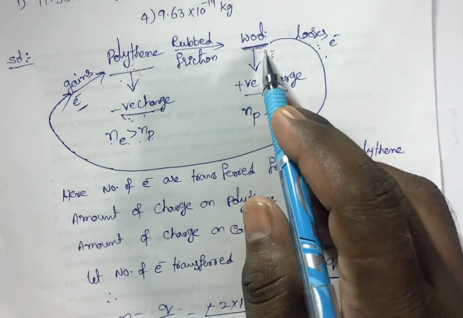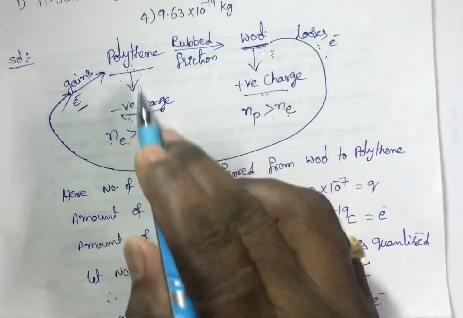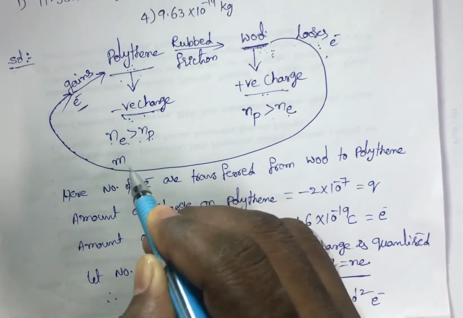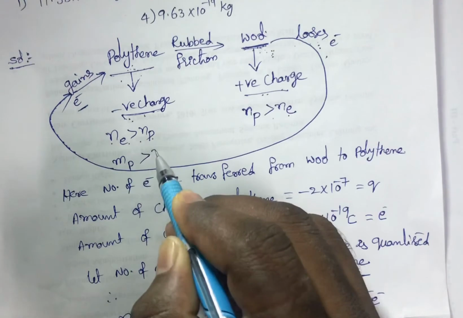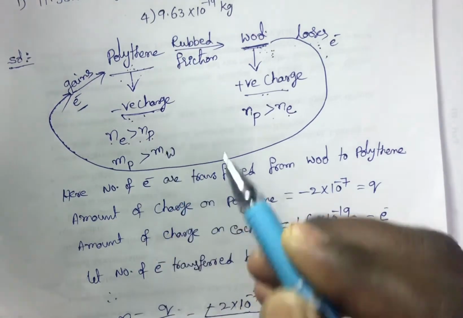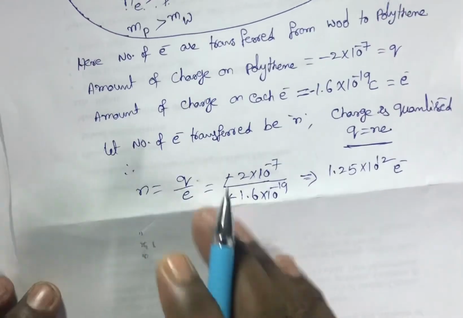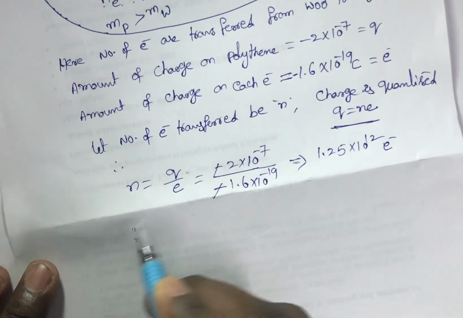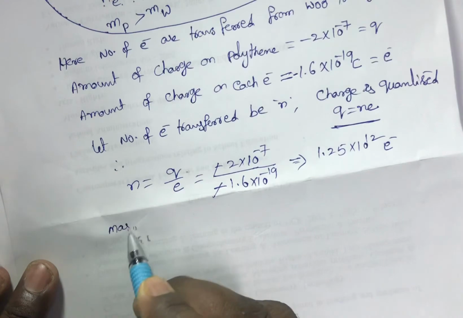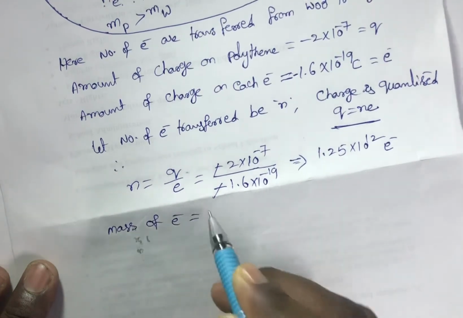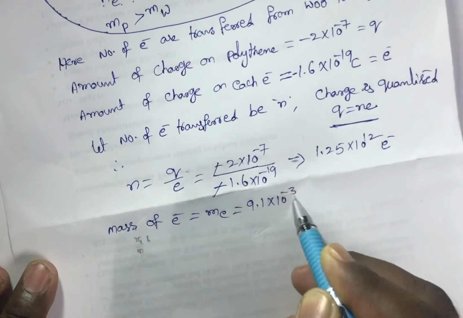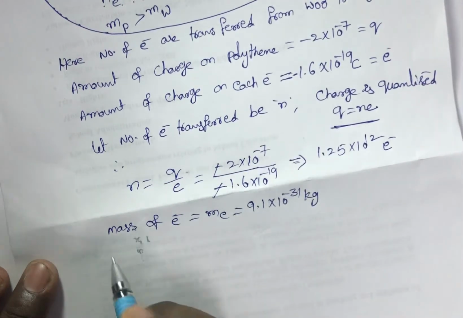After transferring the electrons from wool to polythene, a certain amount of mass of polythene increases. That is, the mass of the polythene is greater than the mass of the wool. Before going further, the mass of an electron, m_e, is equal to 9.1 into 10 to the power of minus 31 kg.